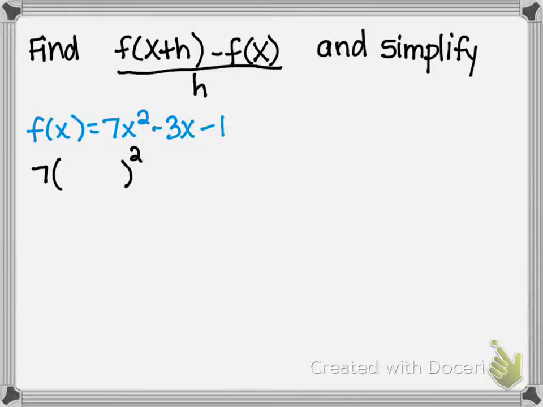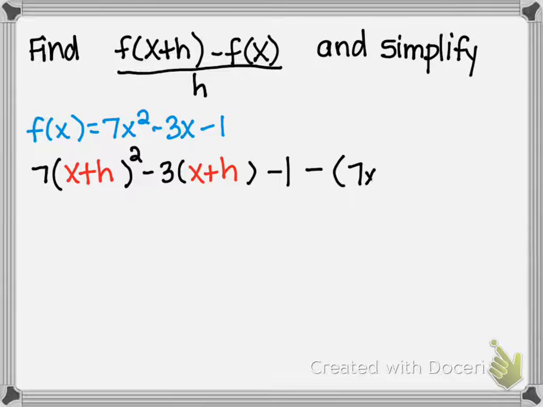In the x squared spot, I'm going to plug in x plus h. Alright, and then I have minus 3x, so we're going to plug in that x plus h again. And then minus 1. Alright, so then that whole piece we are going to subtract, and I'm going to put it in parentheses to make sure we know to distribute that negative.